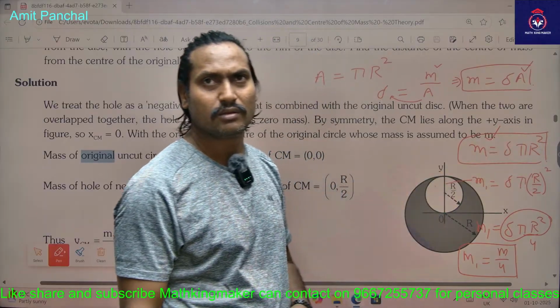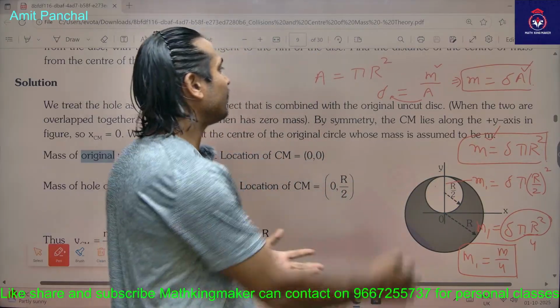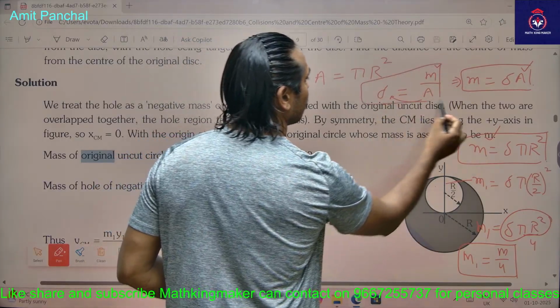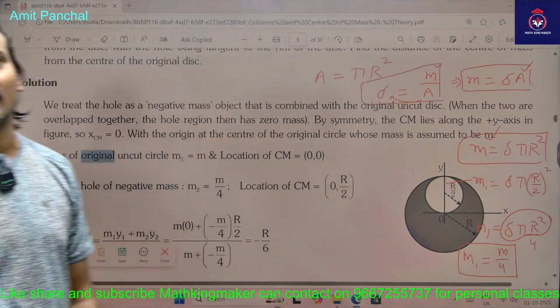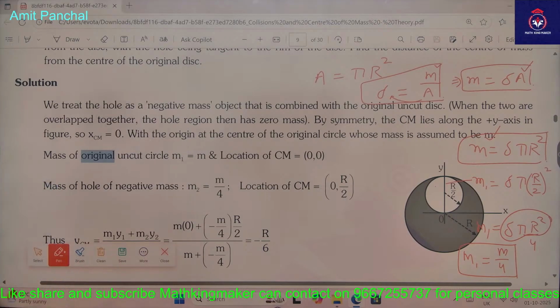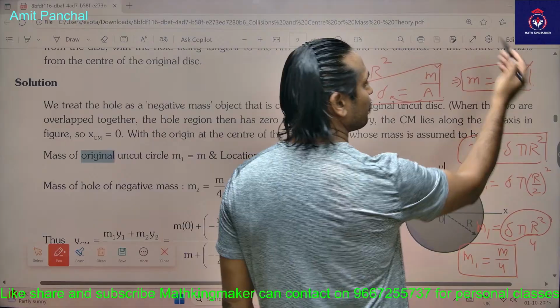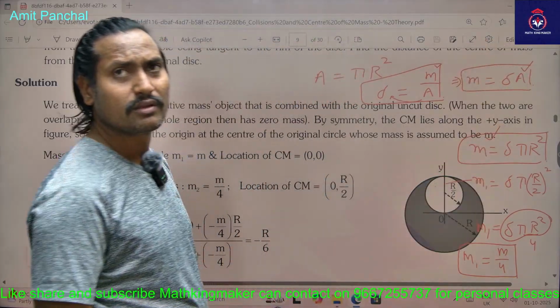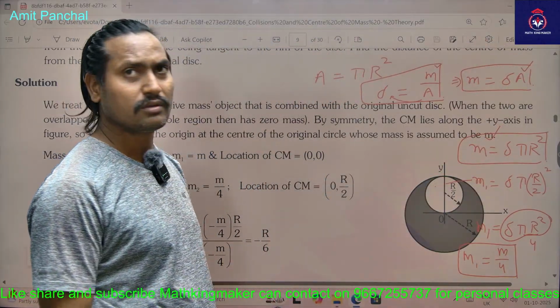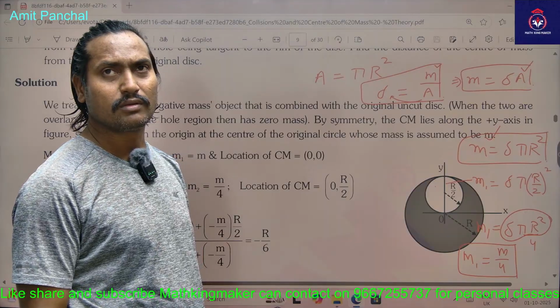Why did you multiply it by surface density? It is a formula, my brother. Surface density is m by a, so m is surface density into a. Area would be pi r square, so that's surface density into pi r square.